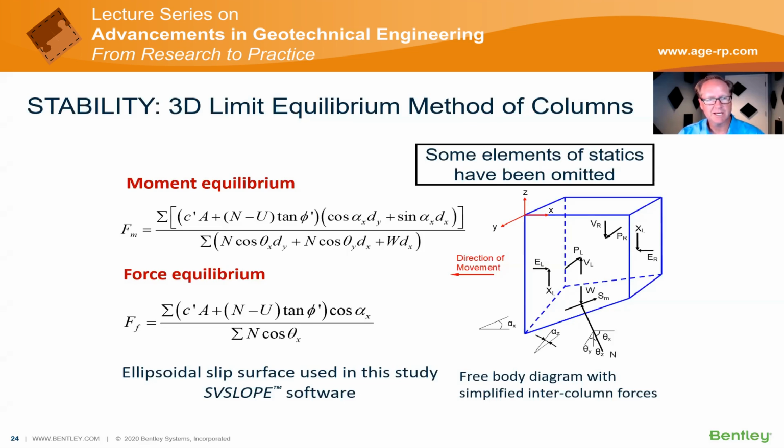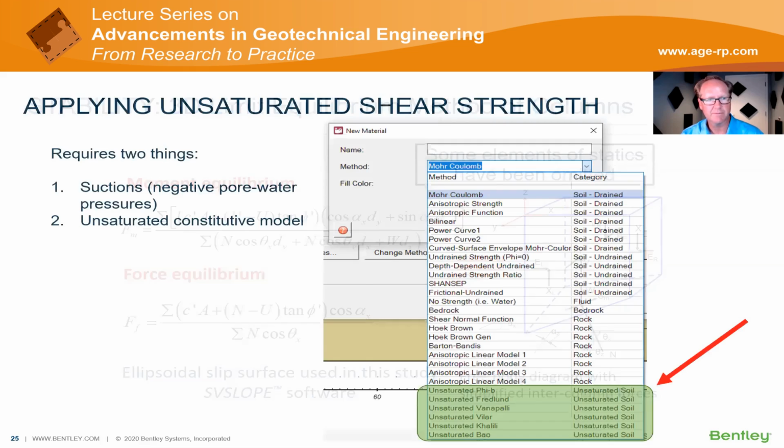And in unsaturated soil mechanics, the tan phi gets an extra cohesion component called tan phi b, or based on the physics of a different method, but it's still accounted for in this equation. And all of these are programmed into the SVSlope software.